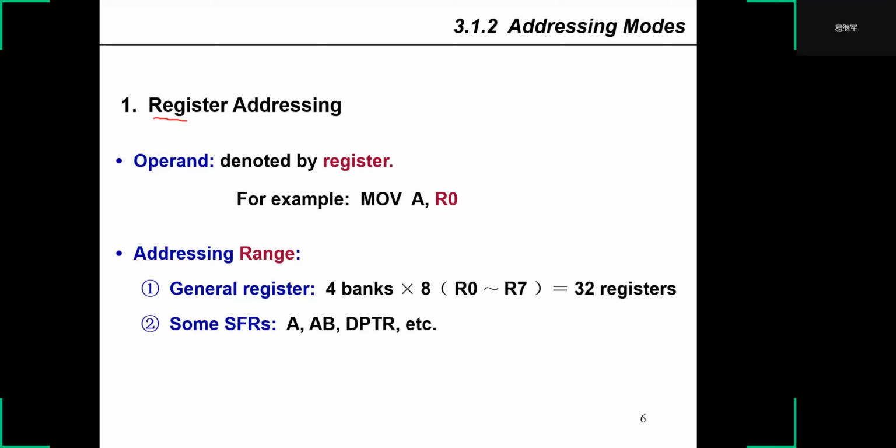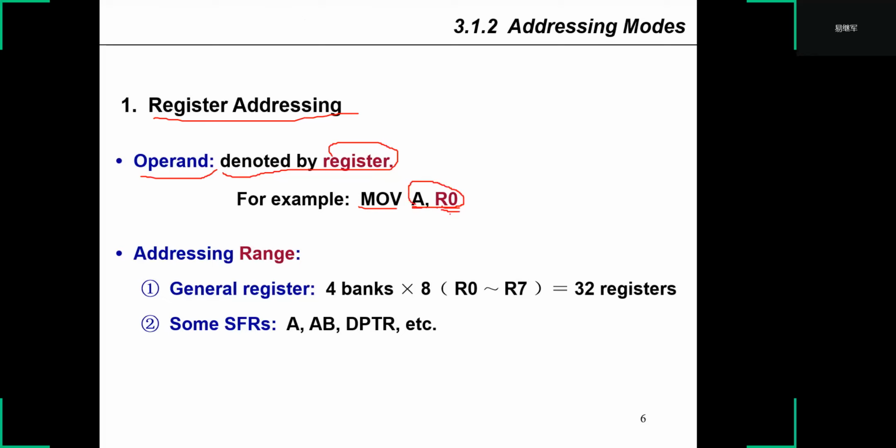First, register addressing. The operand is denoted by a register. For example, this is the opcode and this is the operand. The first operand is the destination and the second operand is the source.